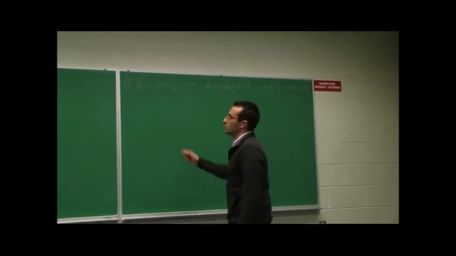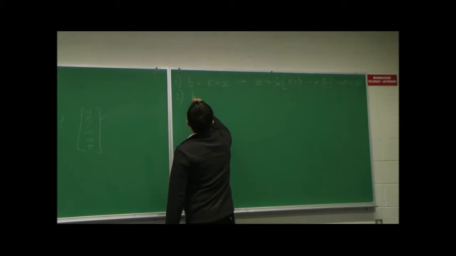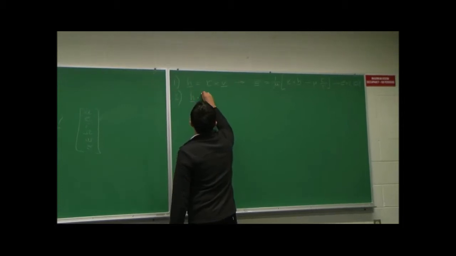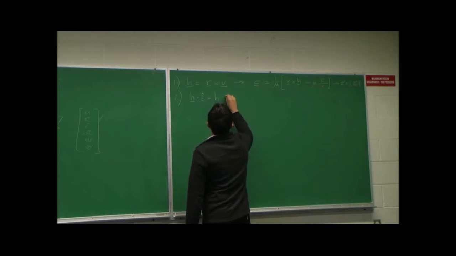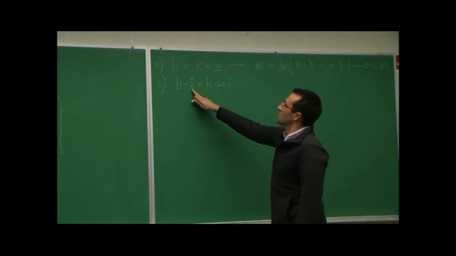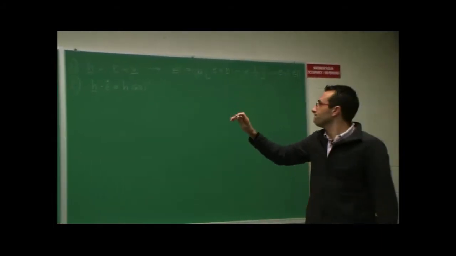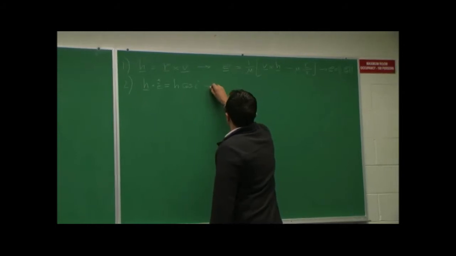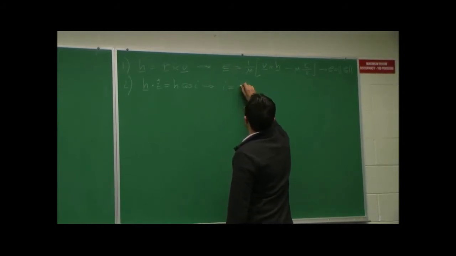Inclination. How would you do that? H dotted with the unit vector of Z is equal to H cosine of inclination angle. Note Z has a magnitude of 1, so I don't even bother writing it on the right-hand side. Well then, the inclination angle is given by the inverse cosine.